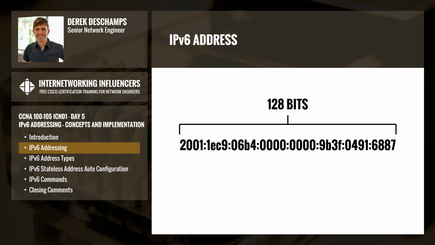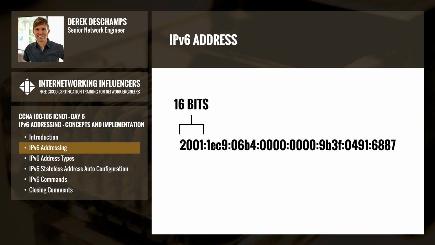An IPv6 address is a 128-bit number that can be used to identify each network interface on a network. The 128 bits is divided into 8 groups of 16 bits. Each 16-bit group is represented by 4 hexadecimal digits and separated by a colon.